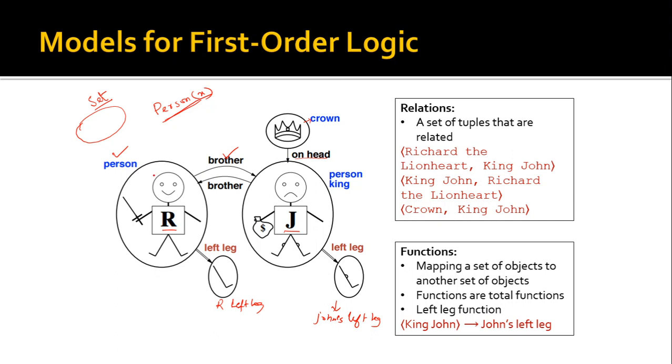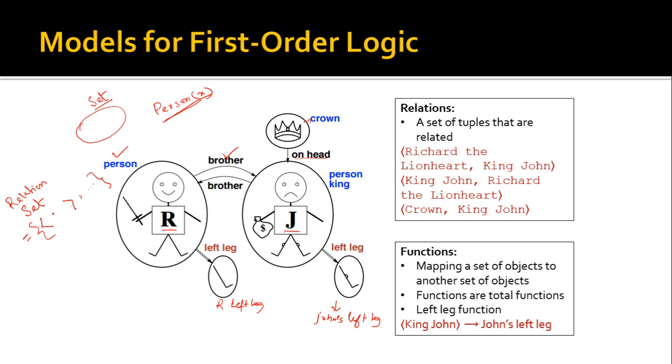So it is represented again as a set, which is a set of tuples. And what will this tuple contain? These tuples will contain the entities that are related to each other via a particular relationship.